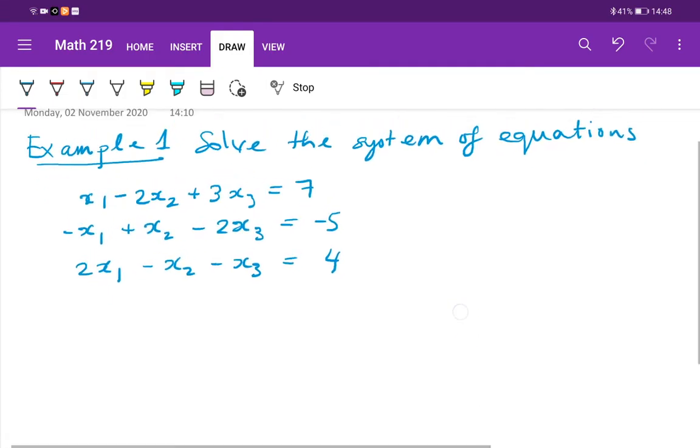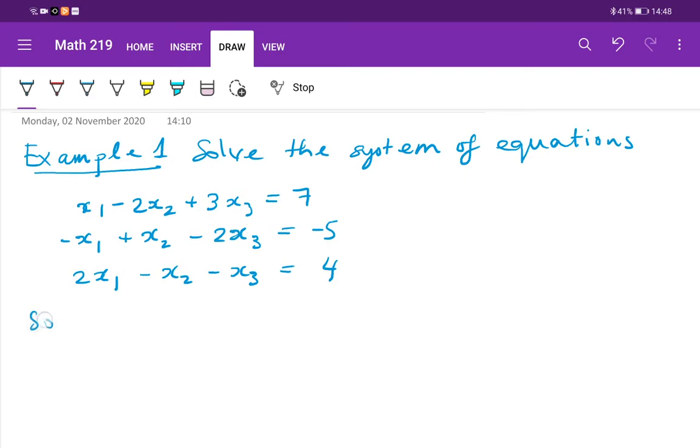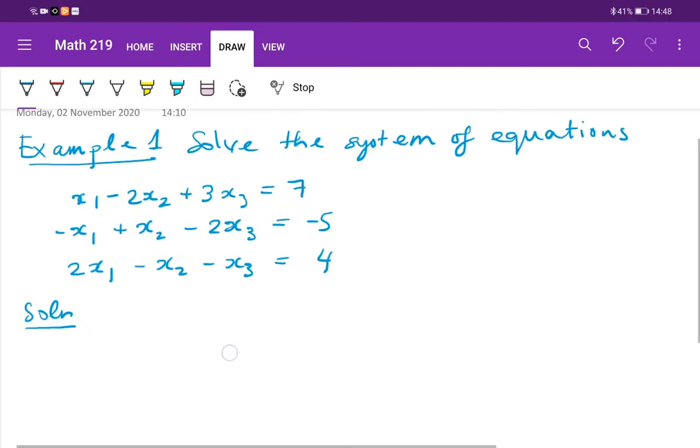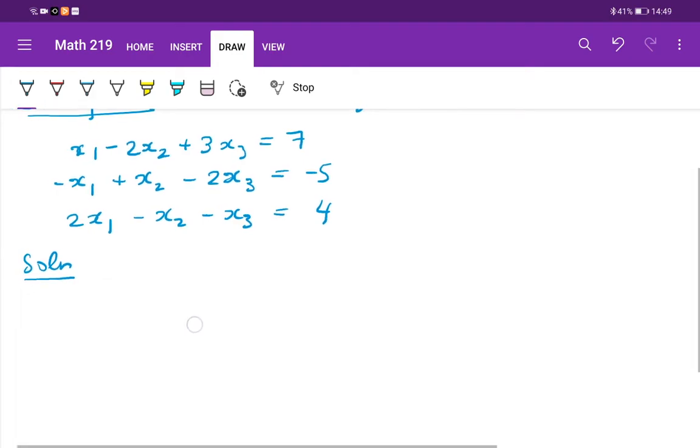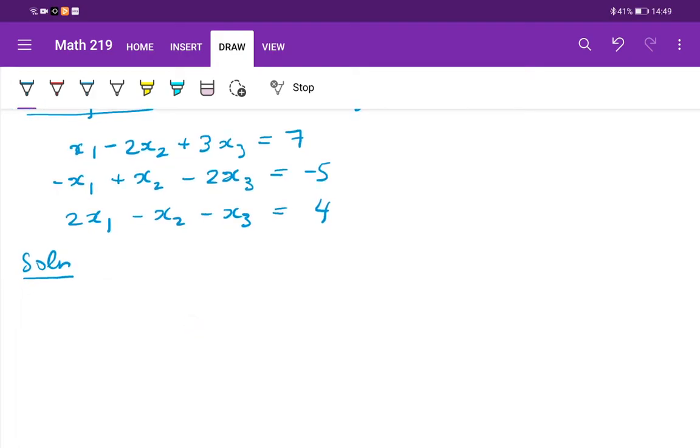Okay, so the first step is we write down the augmented matrix. So the augmented matrix is 1 minus 1 2 minus 2 1 minus 1 3 minus 2 minus 1 and 7 minus 5 4.